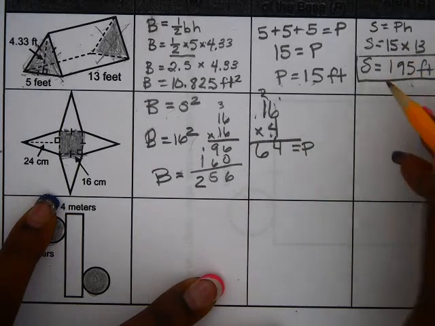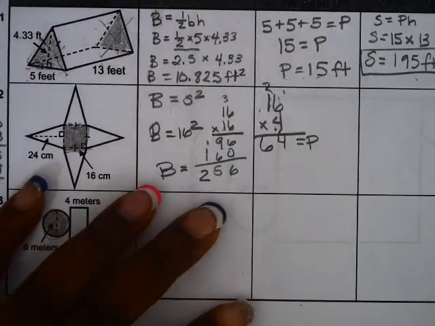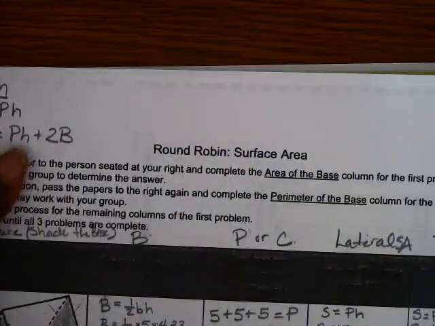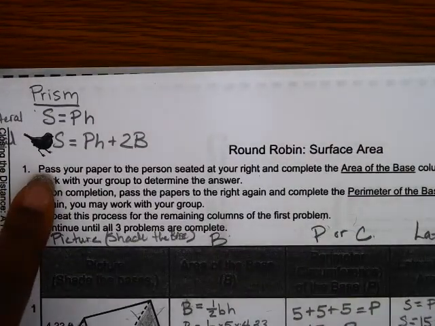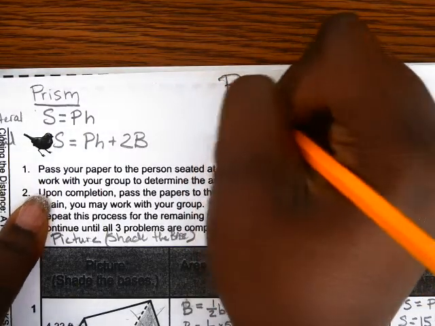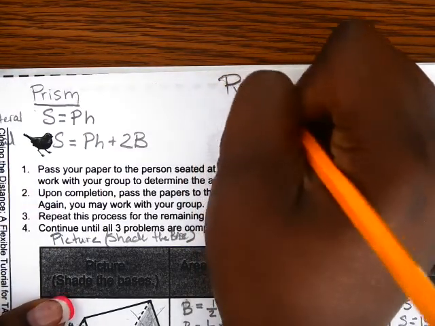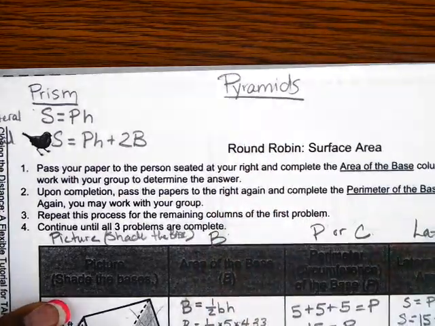So now we need to find the lateral surface area, but now the figure has changed, so this is a new formula. The other one was the formula for prisms. This one is for pyramids. So we need to look on our formula chart.